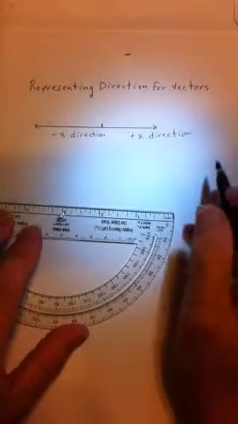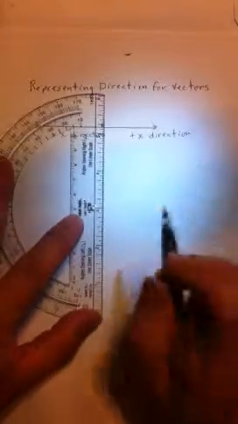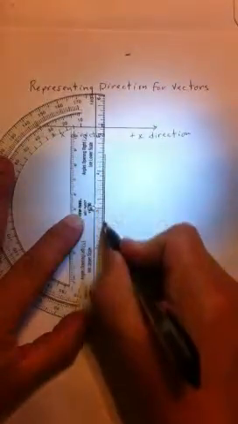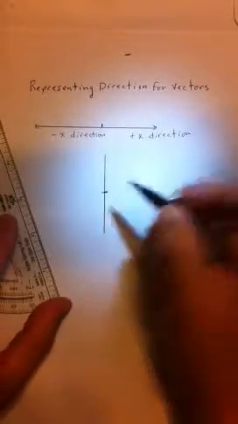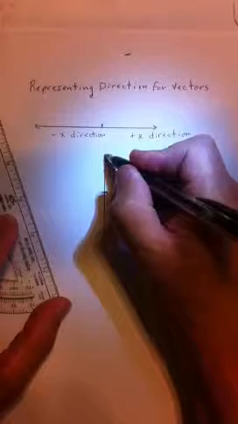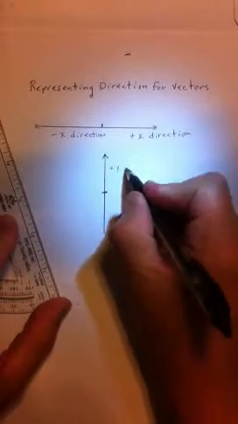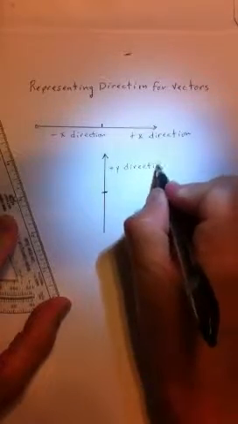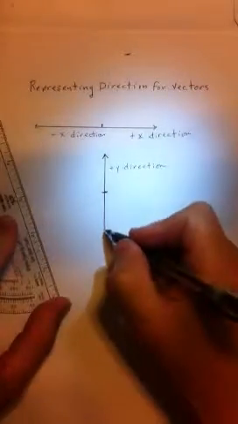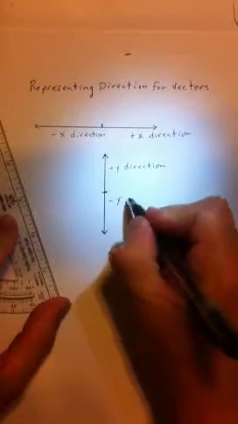In a similar way, a vector might lie along the y-axis. If it lies along the y-axis and points above the origin, this is considered to be the positive y direction. If it points below the origin, it's pointing in the negative y direction.